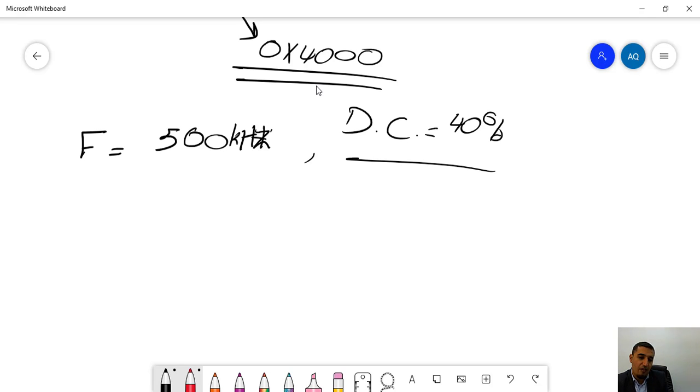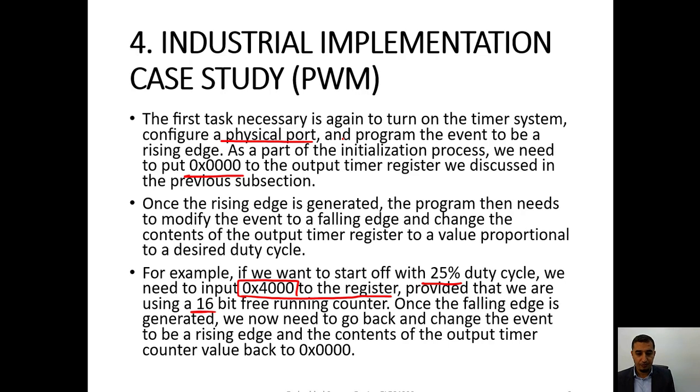So I will have two tasks. First, I need to generate the signal. Then I need to set the duty cycle. Two separate tasks. The first task is to generate the signal. The second task is to generate the duty cycle. This is what we are going to see over here.